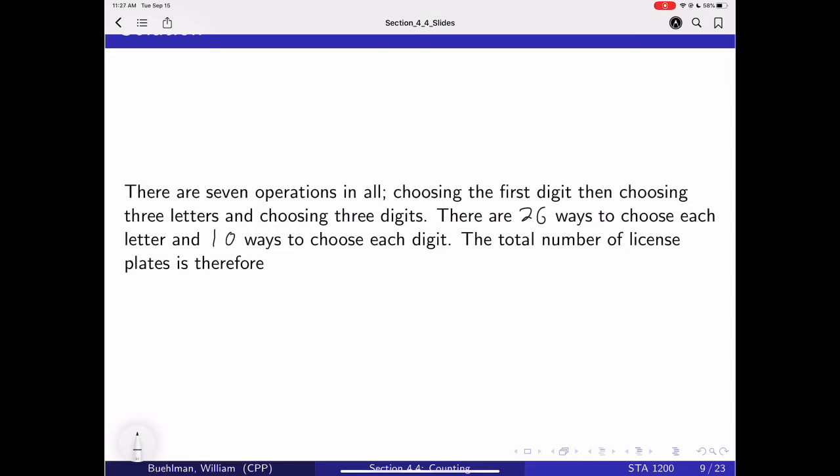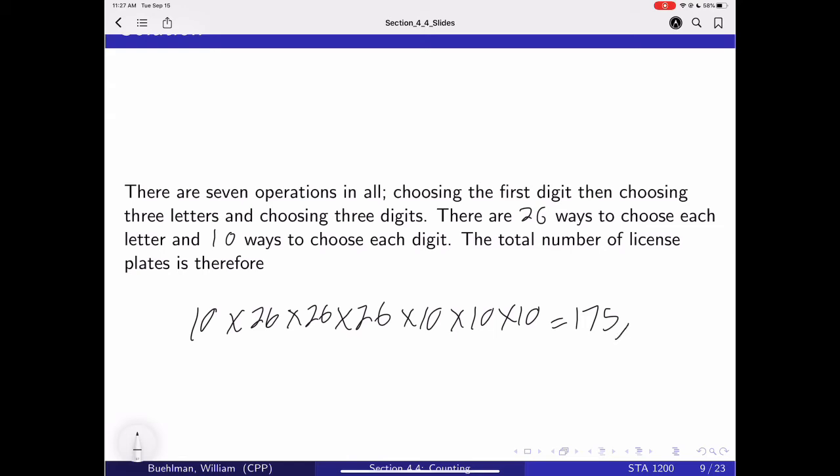So the total number of license plates available is equal to 10 times 26 times 26 times 26 times 10 times 10 times 10, which is equal to 175,760,000.